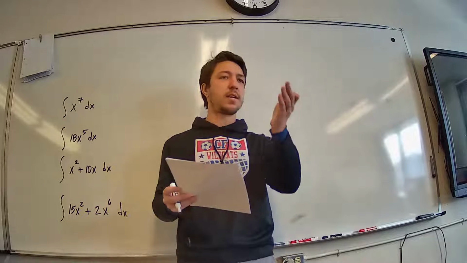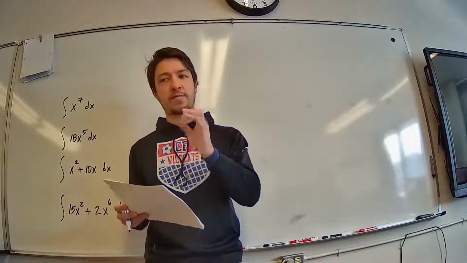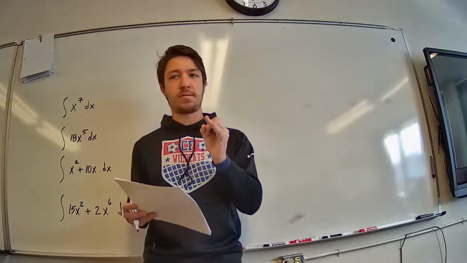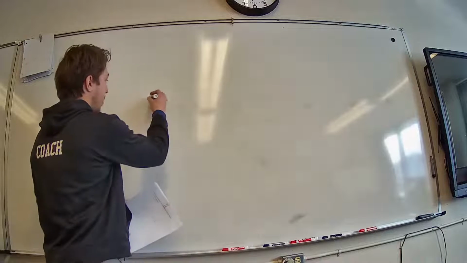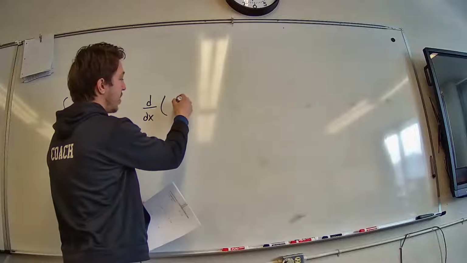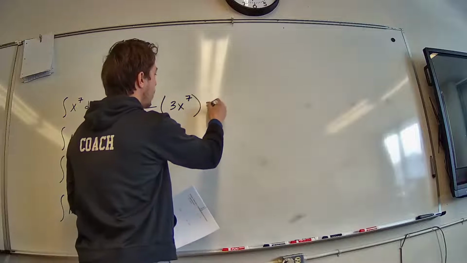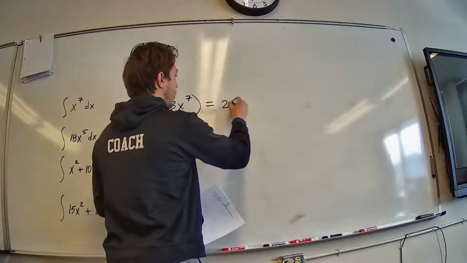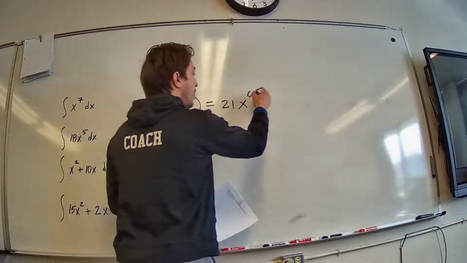Also, let's go back to when you take the derivative. The derivative involves multiplication, but also what other operation? Subtraction, right? For example, when you take the derivative of 3x to the 7, you go 7 times 3, and then you also subtract 1.